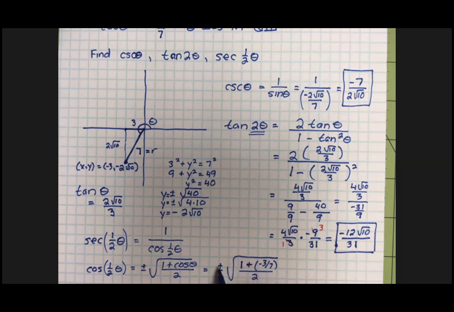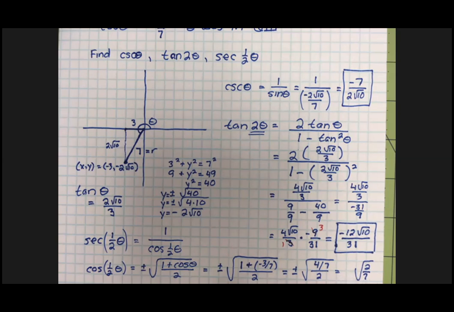Then I square root, then I choose plus or minus. Now, 7/7 minus 3/7 is 4/7. And 4/7 divided by 2 is 2/7. I'm not crazy about having a whole fraction inside there. Maybe we'll consider adjusting this in a second. But first I have to decide, is it plus or minus?